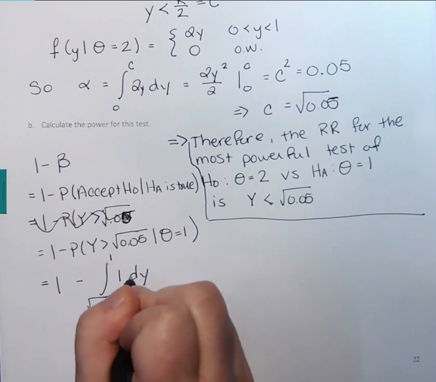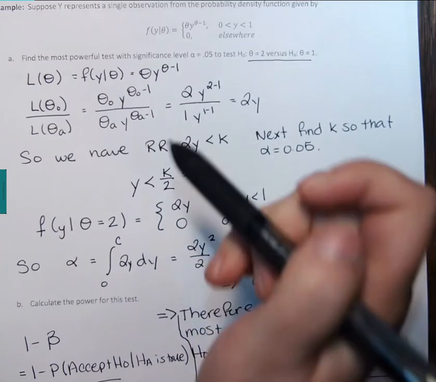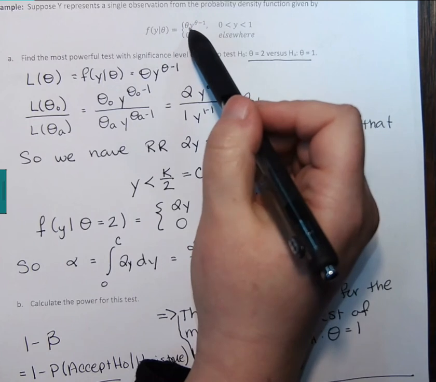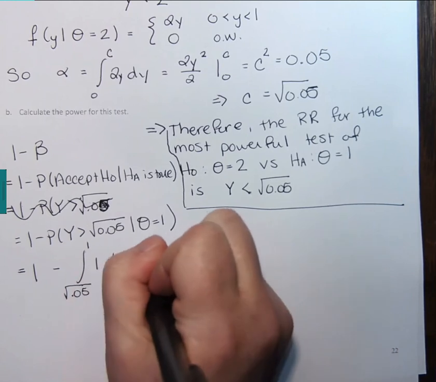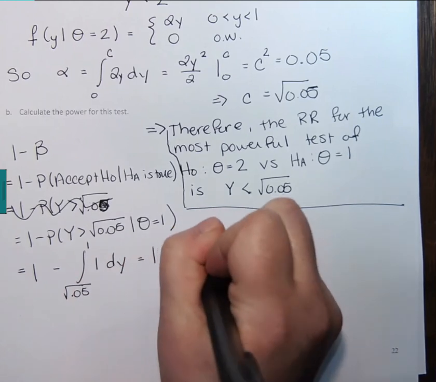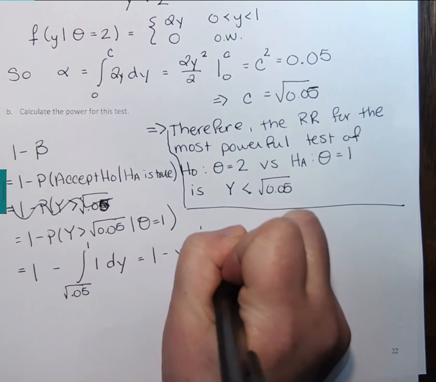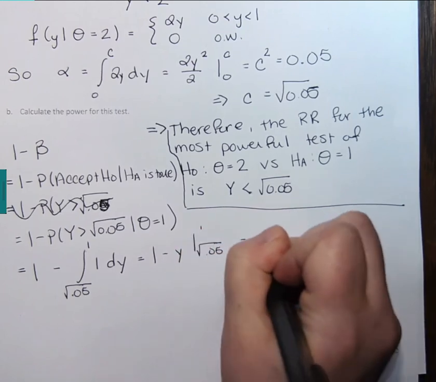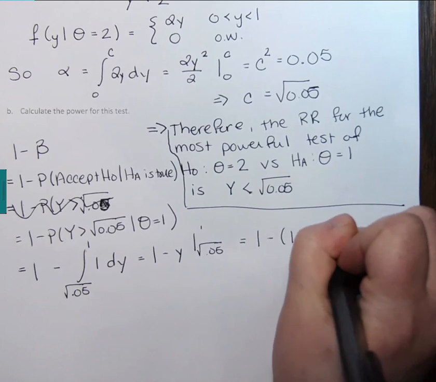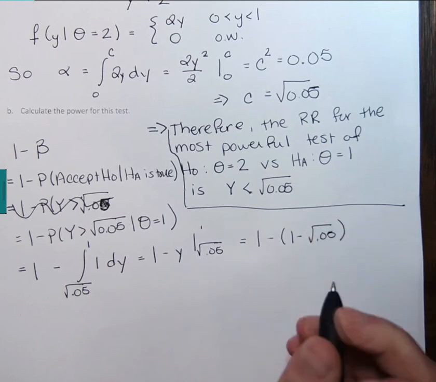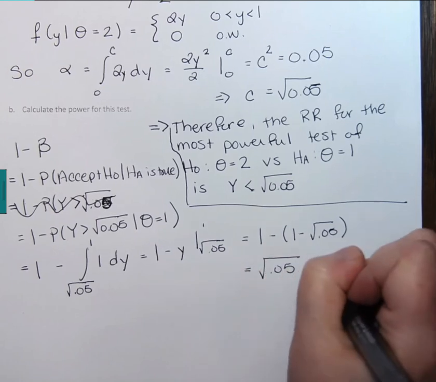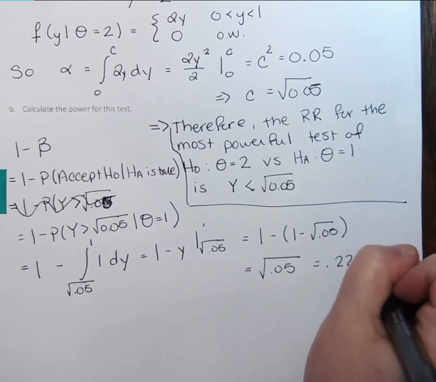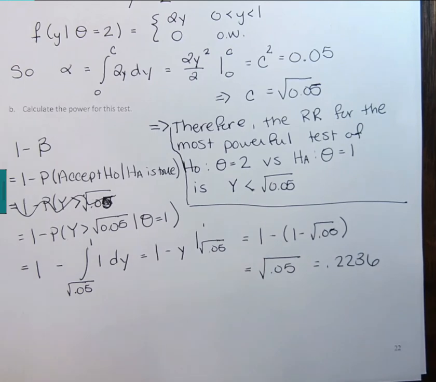The 1 dy is coming from going up here and substituting in theta equal to 1. So notice our power here is equal to 0.2236, and that's a pretty small value.